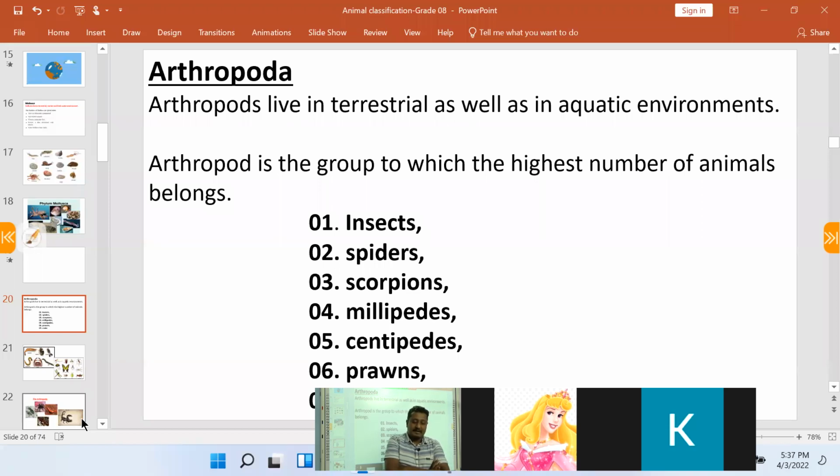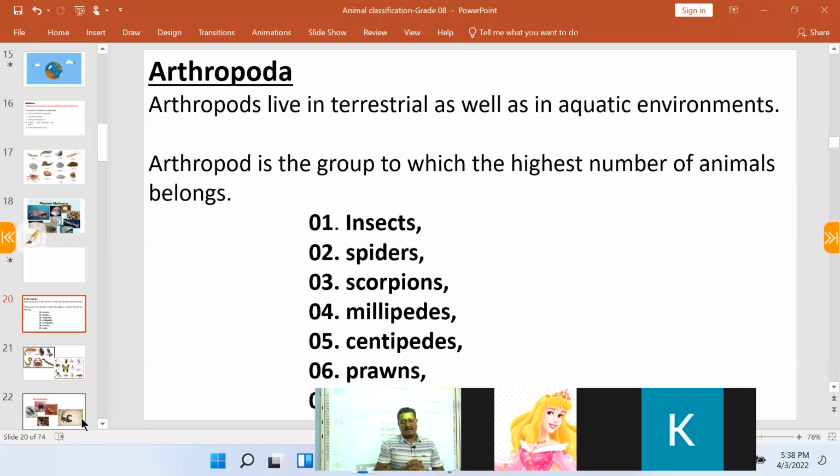Not only that, there is even a sea arthropod species called barnacle. Barnacle කියලා සතෙකුත් ඉන්නවා කළු ගල් වල මුහුදේ ඇලිලා ඉන්න එක්කෙනෙක්. Barnacle. All these animals belong to this category.